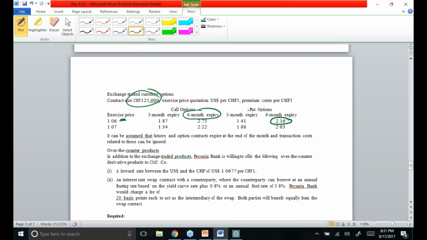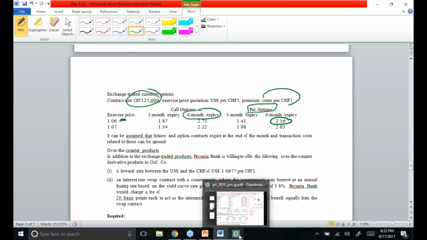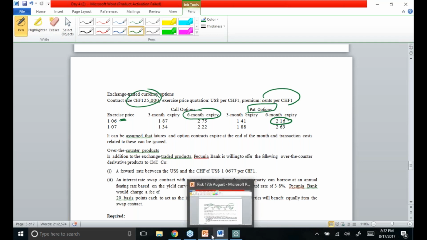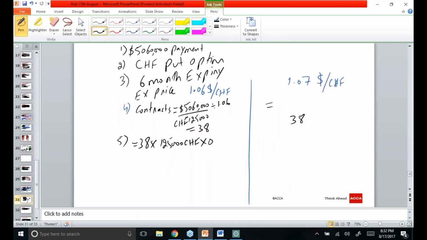Obviously, we are going to buy the put option of 6 month expiry at 1.06. It is 2.16, but it is in cents over CHF. So it will be 0.0216, and in this scenario it will be 0.0263 dollar over CHF.